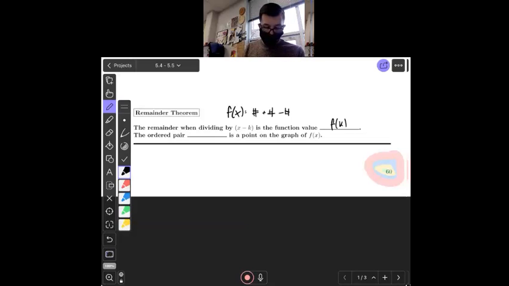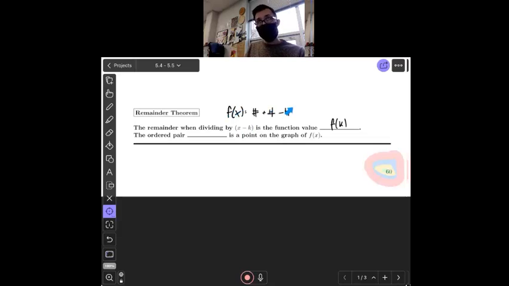By doing synthetic division or long division, the remainder will be the same as plugging k into the function and evaluating it.